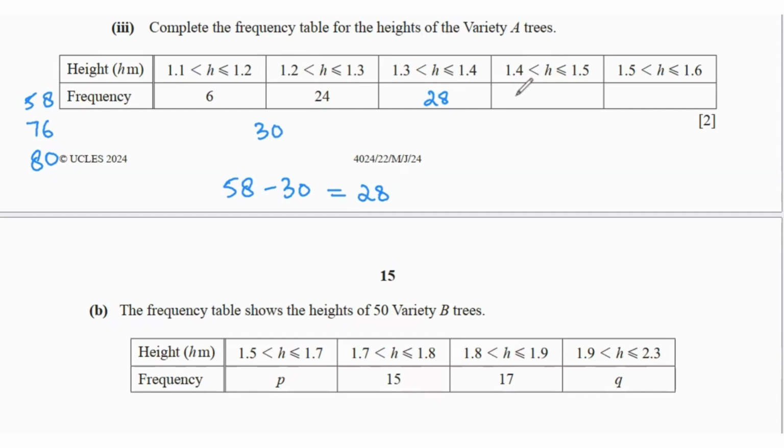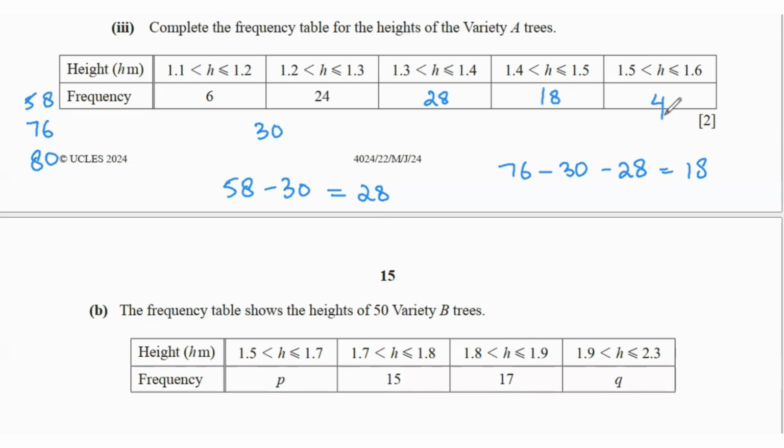Then for the interval of 1.4 to 1.5, the cumulative frequency is 76, which means from 76, we subtract 58. And that gives us 18. And lastly, from 80, we subtract 76, and that gives us 4.